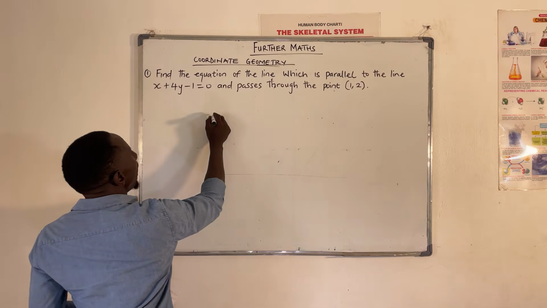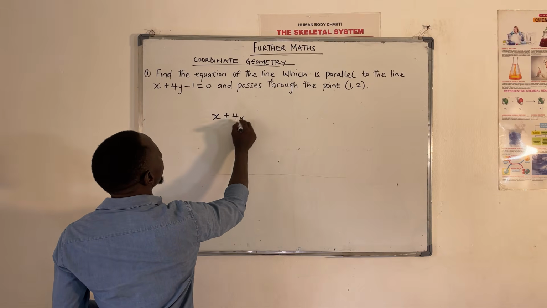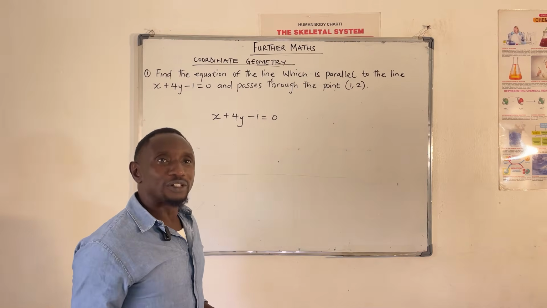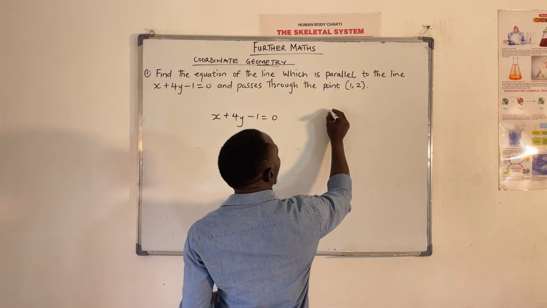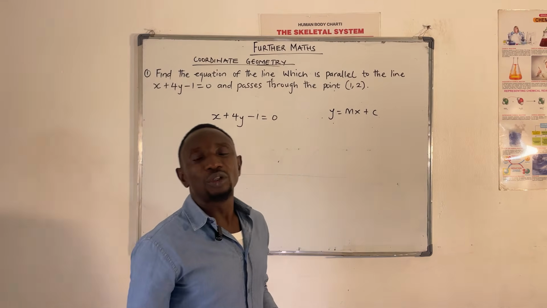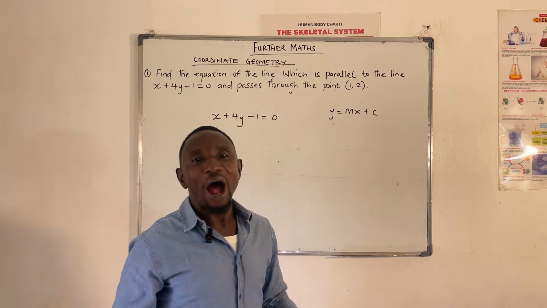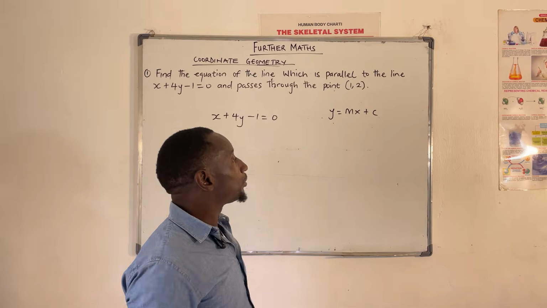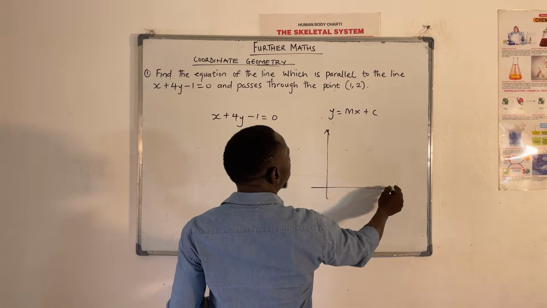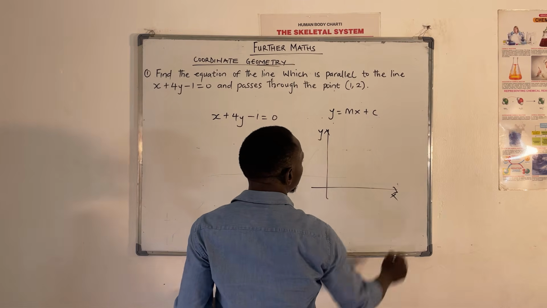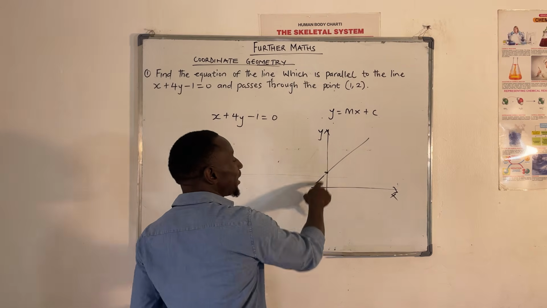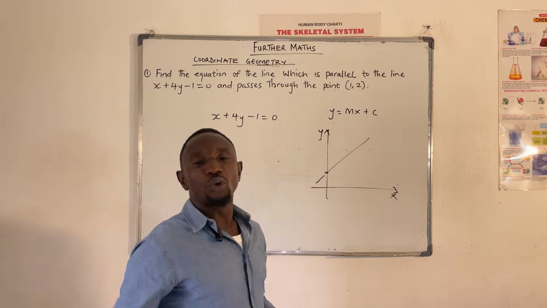So here I have x plus 4y minus 1 is equal to 0. And we all know that the general form of a straight line is given as y equals mx plus c, where m is the gradient and c is the y-intercept. If this is your plane, with y and x axes, then your c is this point, where the straight line crosses the y-axis.